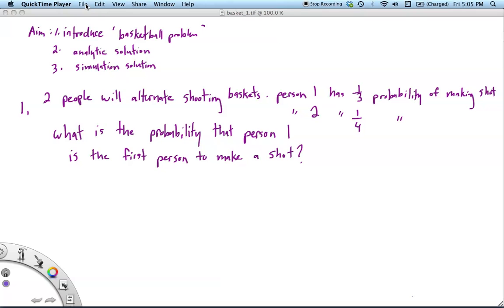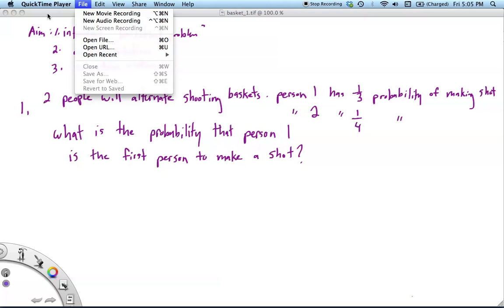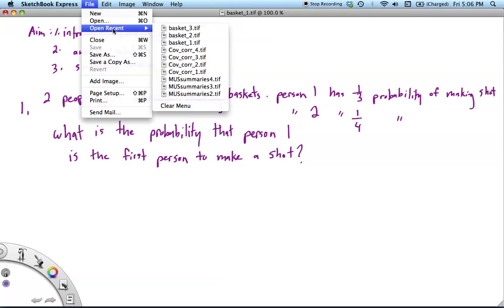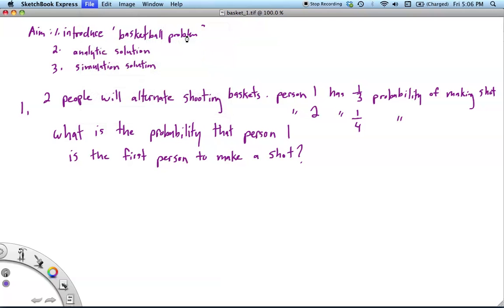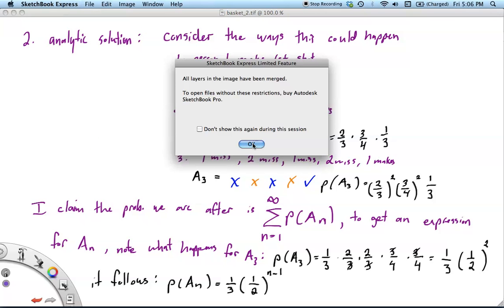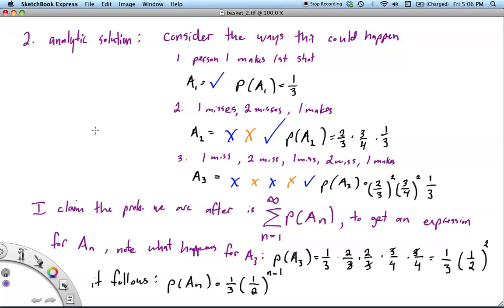So that's our scenario. We want to start tackling this. The way I started thinking about it is to ask what the different ways are that this could actually happen.